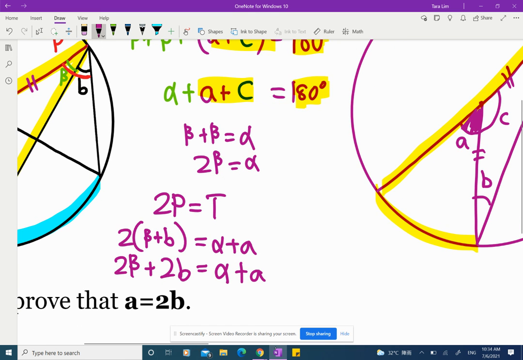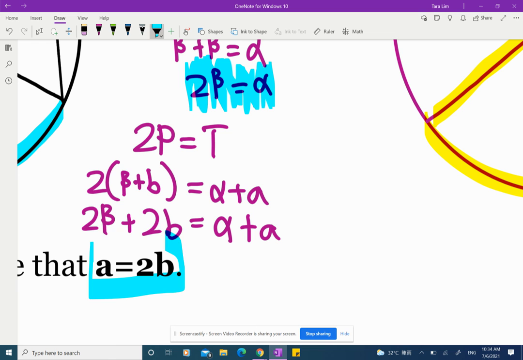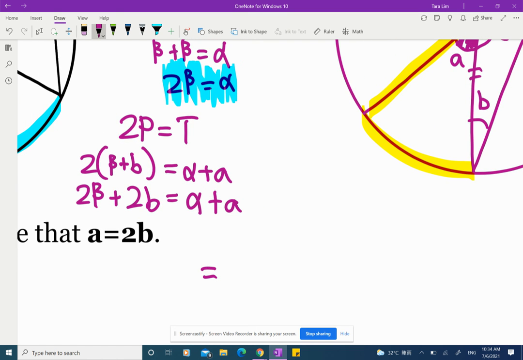And notice that here, this is very important. 2 beta is equal to 1 alpha. How can we do this? We want to prove that A is equal to 2b, but it looks like we have an alpha and we have a beta. How can we remove them? Here we know that 2 beta is equal to alpha.